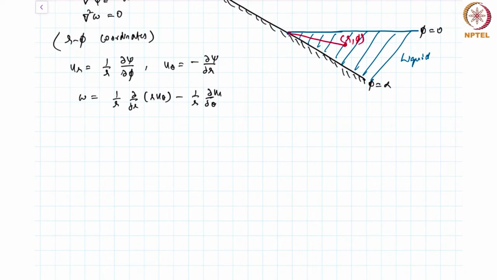And if you now substitute u_r and u_θ as defined here, then you basically get ∇²ψ is minus ω.